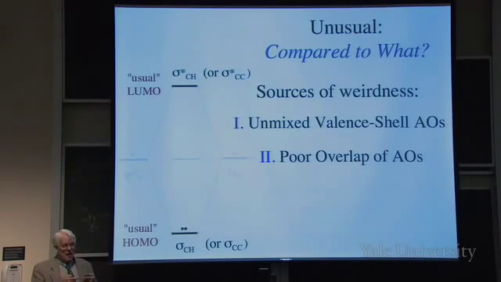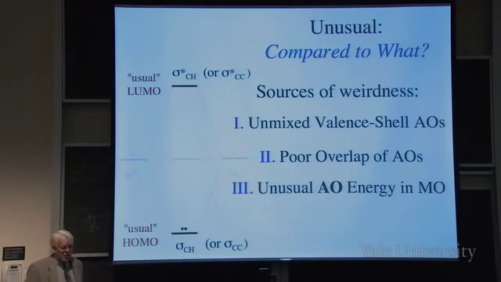If there's a lot of overlap, you get bonds, but there could be poor overlap, in which case you don't go down as far with your bonding orbital or up as far with your antibonding orbitals. So a second case would be poor overlap. A third case would be that the actual atomic orbital energy, the atom you're using, is not like carbon and hydrogen.